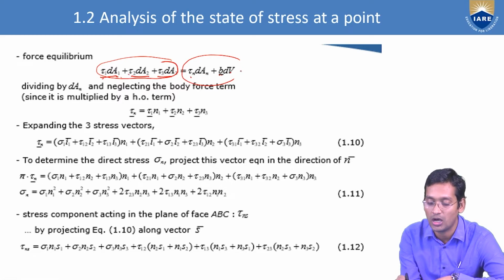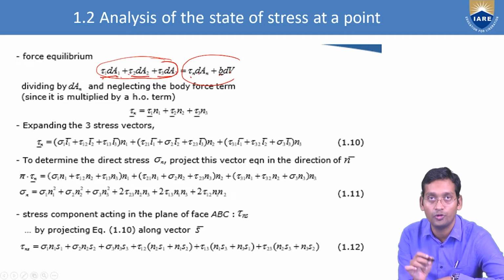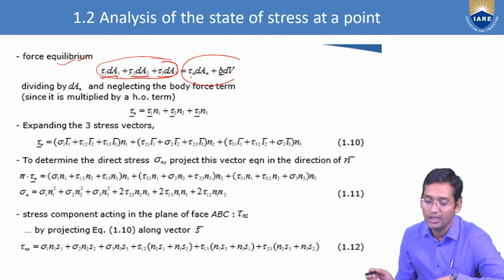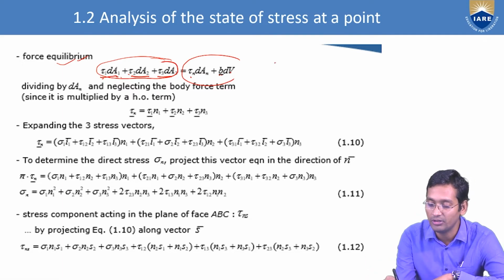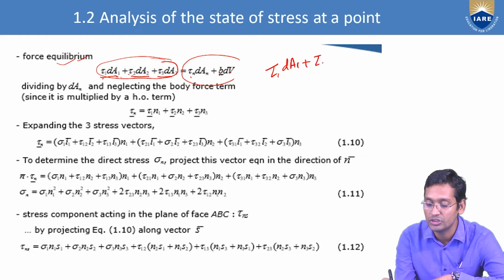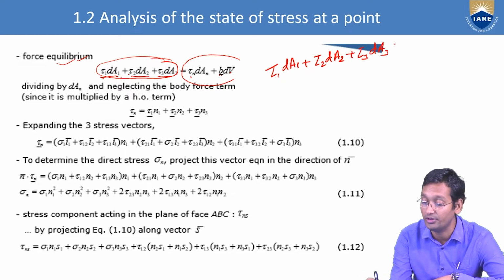If these two are equal, that is the sum of all the stress forces and the sum of body force plus traction force, then we can say the force is in equilibrium. Now divide by dAn. So what we have: tau 1 dA1 plus tau 2 dA2 plus tau 3 dA3 on the left hand side. Right hand side, tau n dAn plus b dV.